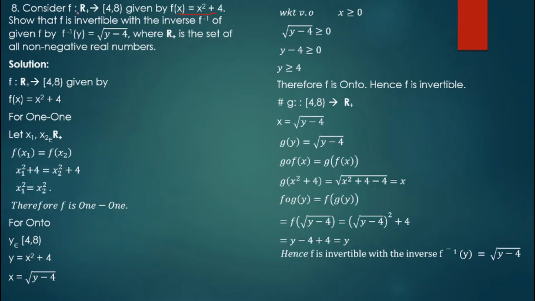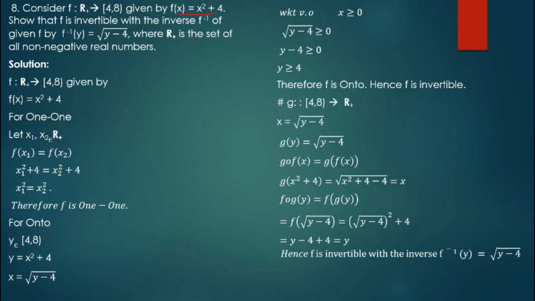Here we have function f where R+ is the set of non-negative real numbers. Non-negative real numbers begin from where? Yes, it begins from 0, 1, 2, 3, 4. So no negative numbers, only positive real numbers. We include 0 as well in that. Here we have a closed interval at 4 and an open interval on the other side.